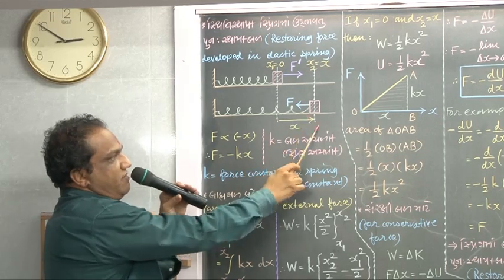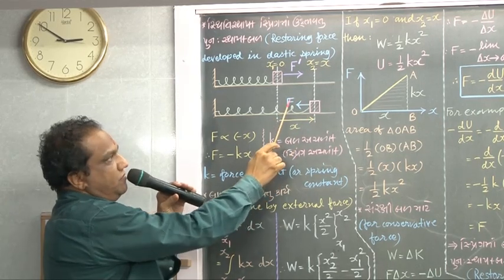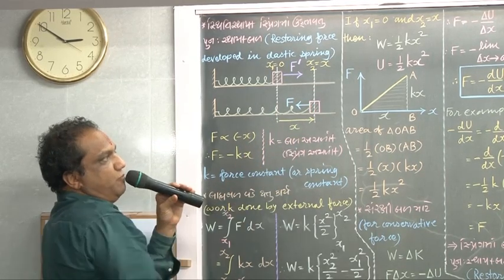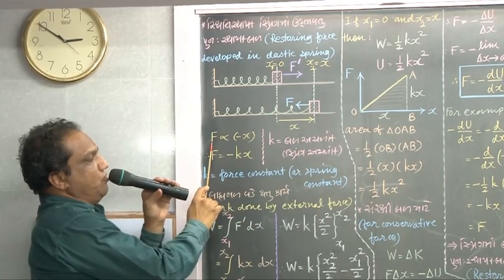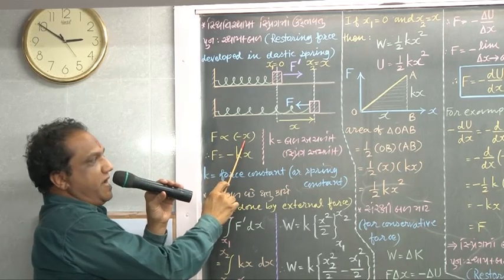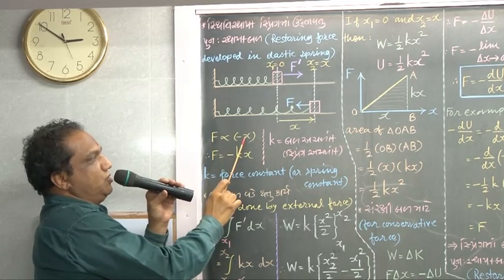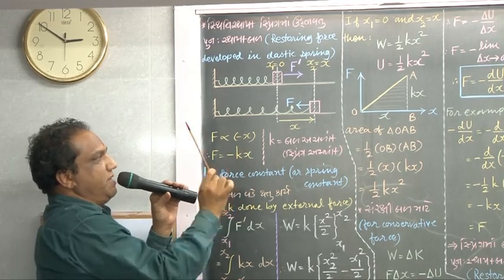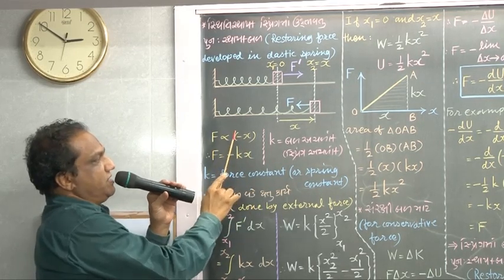When displacement is away from equilibrium position, this restoring force is pointing towards equilibrium position. So restoring force is opposite to displacement and directly proportional to the magnitude of displacement. Combining both facts, we write mathematically F varies as minus x.